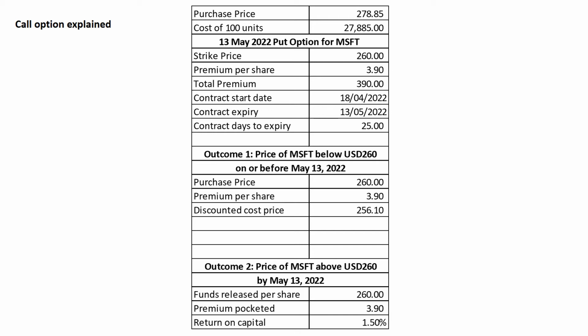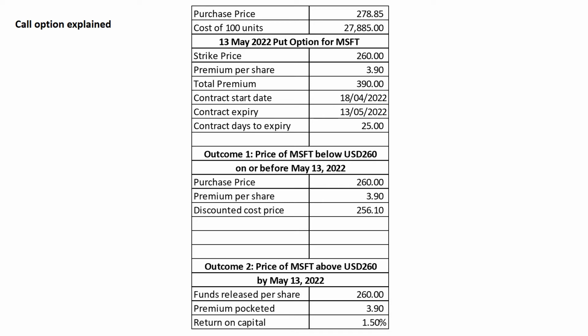So what are the two scenarios? Outcome number one is that the price of Microsoft falls below $260 on or before the 13th of May. If that happens, you have to fork out $260 per share, which is already blocked from your account, and you need to buy Microsoft at $260.